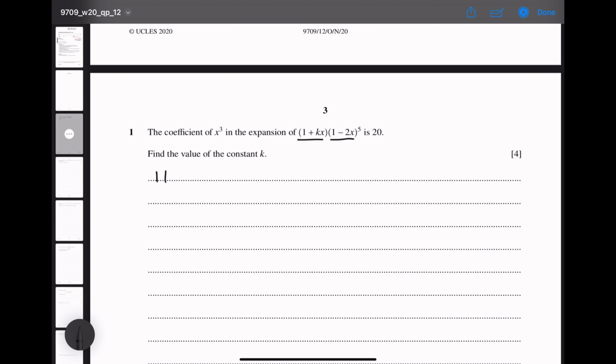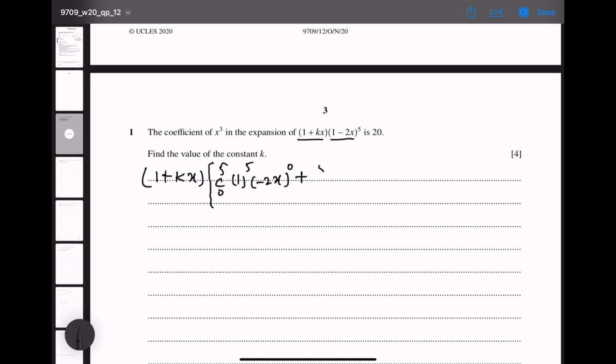1 plus kx remains the same because there is no power on it, and we are expanding 1 minus 2x power 5 by the binomial theorem. The first term will be 5c0 (1 power 5)(minus 2x power 0).